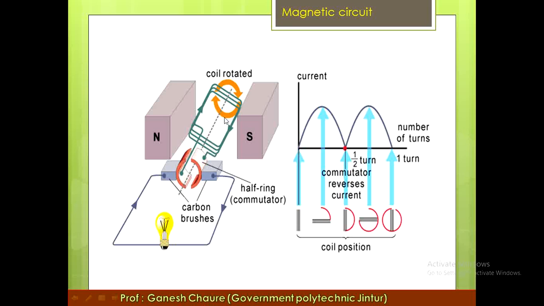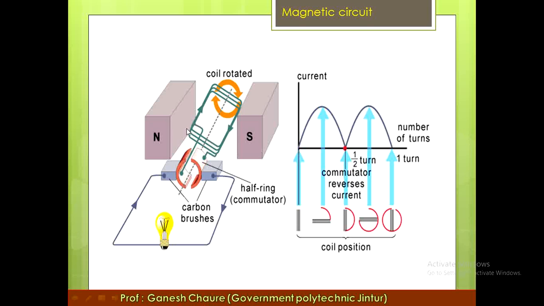So when this coil is placed in the magnetic field, the coil is rotated. When the plane of the coil is perpendicular to the magnetic flux lines and the motion of the conductor is parallel to the magnetic flux, no EMF will be induced in that coil. Zero EMF is induced, which means there is minimum flux cutting with the coil.